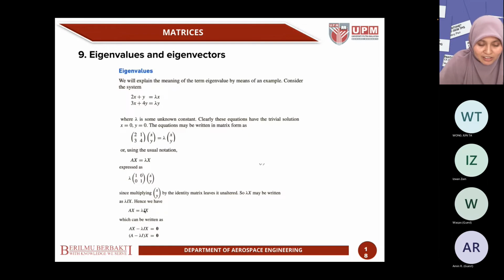Just that we add it here because lambda is a scalar, and we need to change it into matrix form. So this can be written as A x minus lambda I x equals 0. We just move it from the right hand side to the left hand side. So we can factorize: A minus lambda I, x equals 0. This is still a matrix.